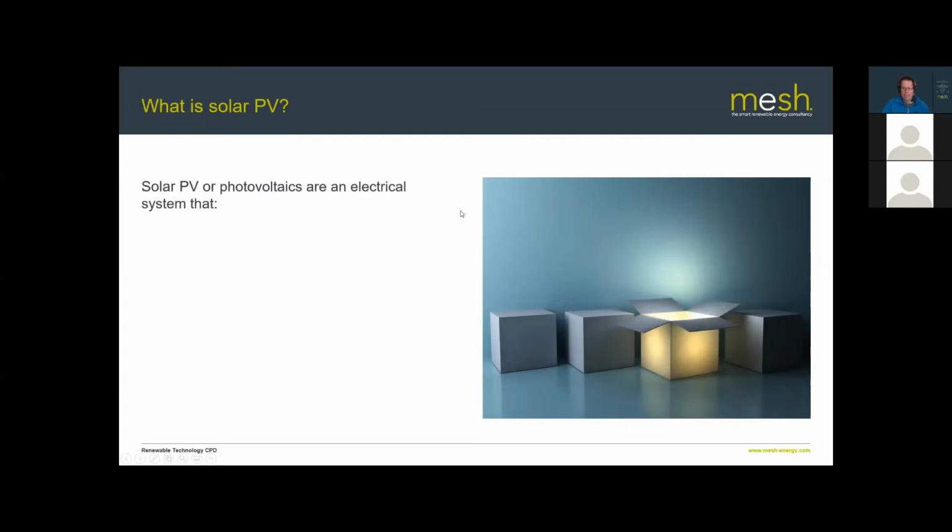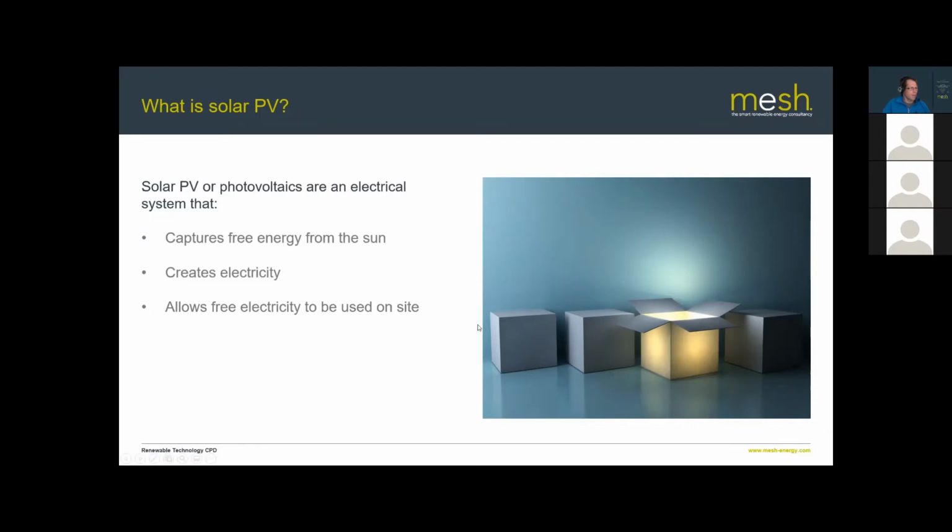So basically, solar PV is a system where you have light collectors that sit on the roof or in a field. Sunlight shines onto them and they generate electricity. Now that electricity can be used on site.